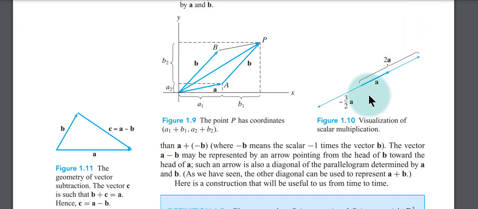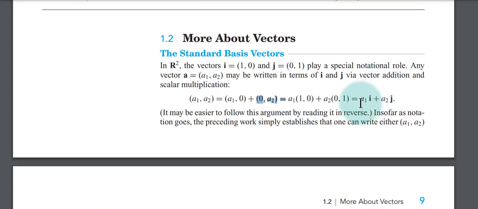We saw that up here: if we had a and multiplied it by a scalar of 2, it would be in the same direction as a, but double the length. So similarly, this is going to be in the direction of i, but its length will be changed by a factor of a1, and this will be a vector in the direction of j, but scaled by a2.